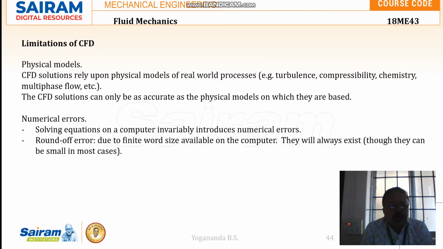Then numerical errors. Solving equations on a computer naturally introduces numerical errors. Then round-off errors: due to the finite word size available on the computer, we have round-off error, and usually these round-off errors will exist.